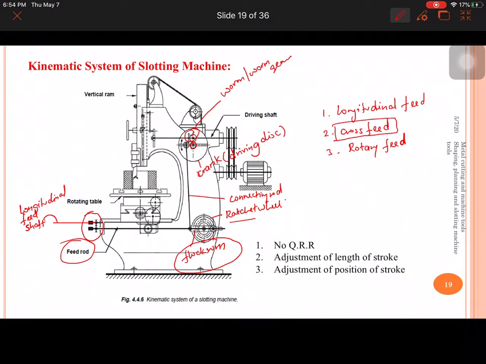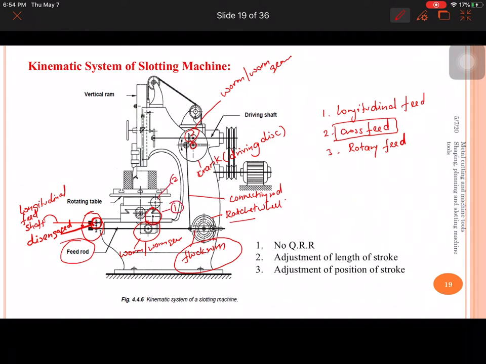Now let us talk about how to achieve the cross feed motion. When we are talking about the cross feed motion, these two levers are disengaged. This lever is disengaged. Now, once this feed rod is rotated, you have this worm and worm gear setup, and again this particular gear 1 is rotating.